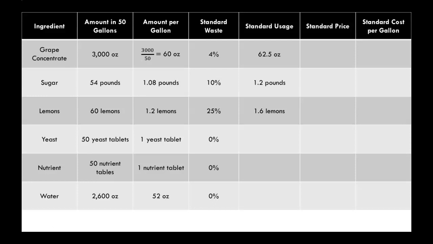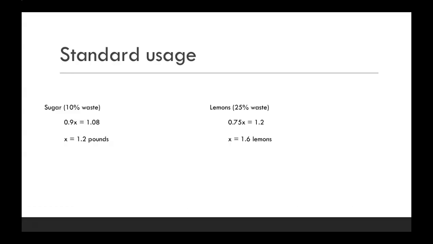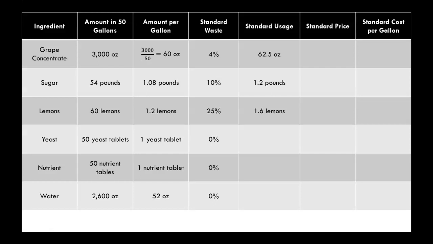So to cover up that 25% waste, we need to add more lemons. So you do 1.2 divided by 75%, right? You would do the 1.2 divided by the 0.75 for the lemons. So that's going to find our standard usage.